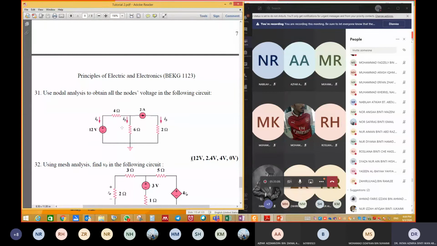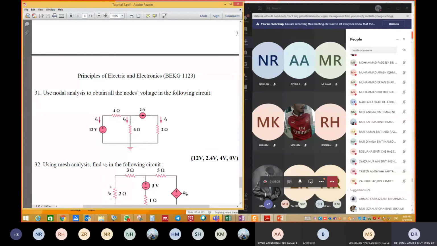Let's write the equation here. All the currents leave the node. So the equation here is 2 plus I1 plus I2, that is, I1 plus I2 plus 2 equal to 0. What is I1?